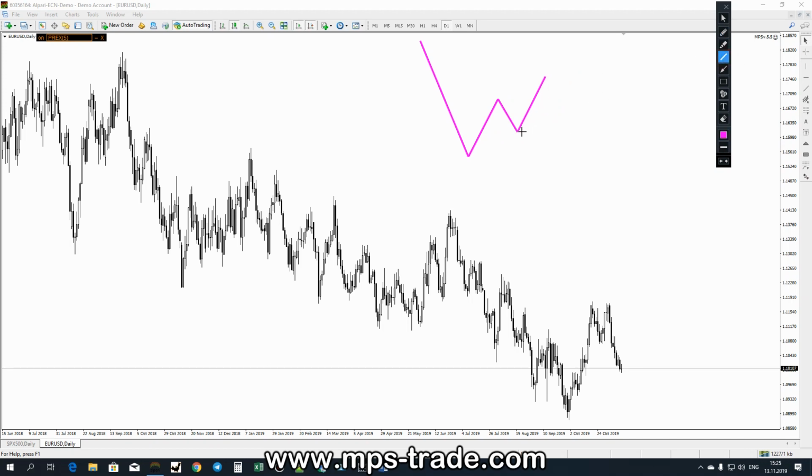So there are pullbacks that look this way, like this. You see this movement before a trend resumes. Yes, you see, this movement is shorter than the previous movement, and there are pullbacks that go here, and as you might have noticed, this pullback is greater than this initial move.